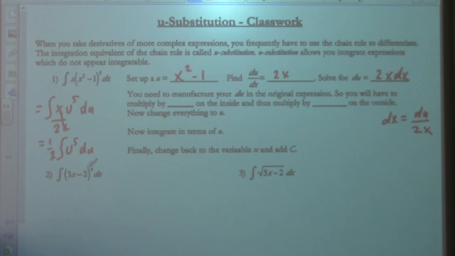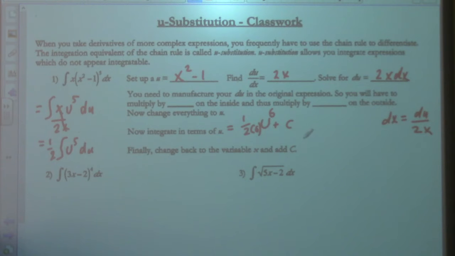So what is that going to be? Integrate in terms of u. If we integrate that out, what do we have here? 1/2 u to the 6th divided by 6. I'll put that 6 out here. Plus c.